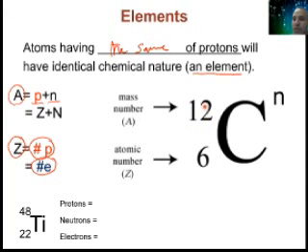And then we will have a superscript to the right-hand side to be the charge on the atom, to indicate whether it's neutral when n equals 0, or a positive or negative ion, depending on the neutrality of the atom.